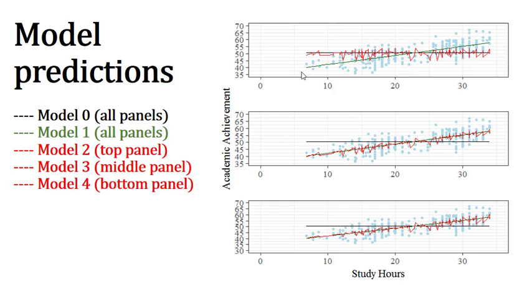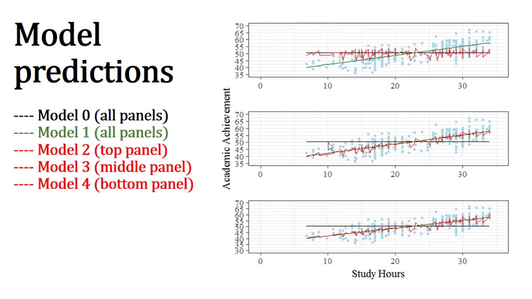The black line in the three panels always indicates the predictions of model 0. You can see that the black line, the prediction for each value of study hours, is the same value for academic achievement.